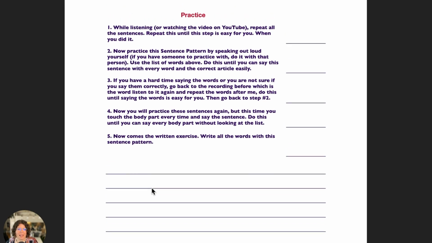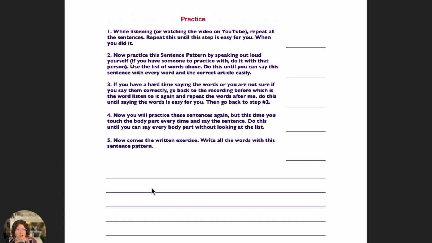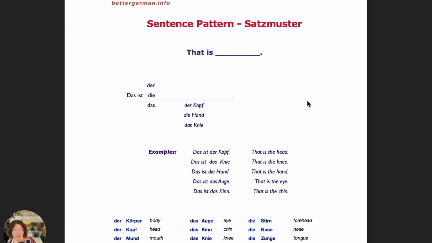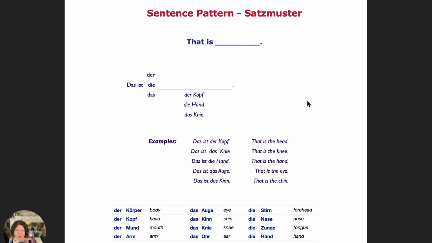You exercise it by first saying the words with me, by then doing it yourself or with a partner, and then writing it. In my courses, of course, you get all the sentence patterns you need, and you will also get detailed instruction of how to practice them.